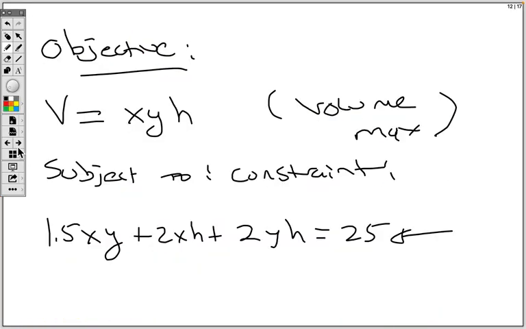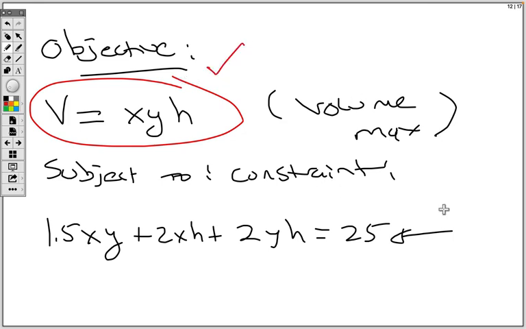Well, it goes back to the concept of symmetry that we were talking about before. If you look at the volume, if you interchange x and y, you get the same thing, right? Volume is x times y times h. That's the same as y times x times h. So the volume is symmetric in terms of x and y, but also the constraint equation. If you switch x and y in the constraint equation, you get the same constraint equation.